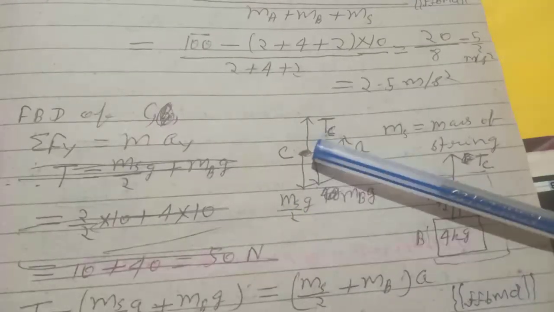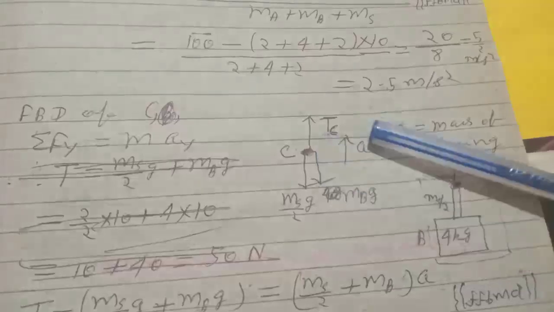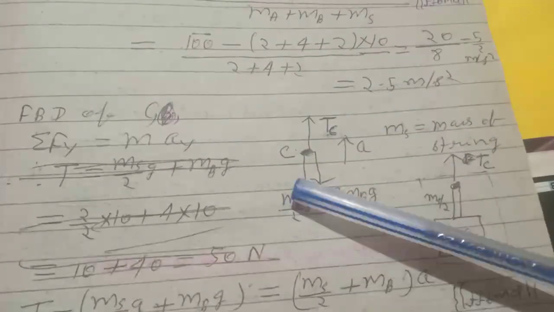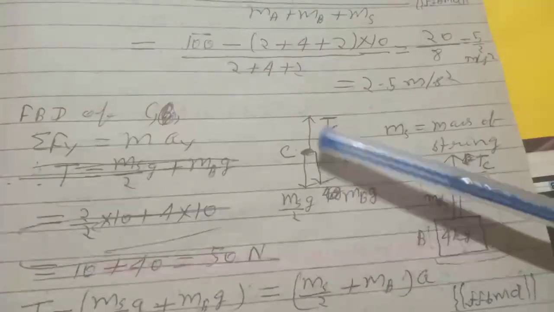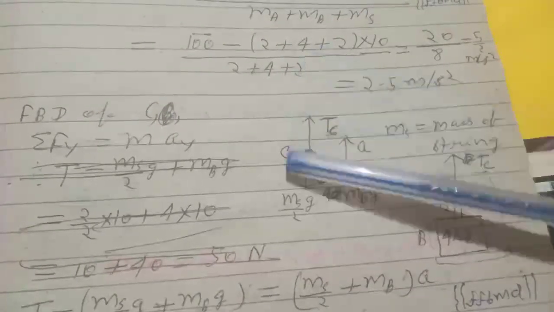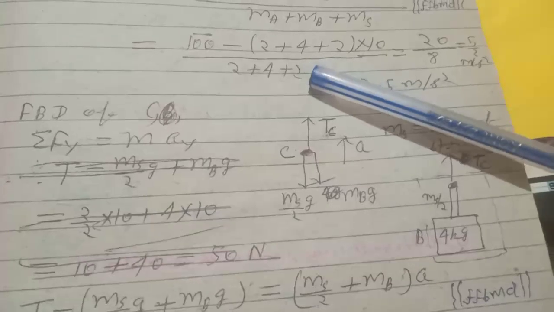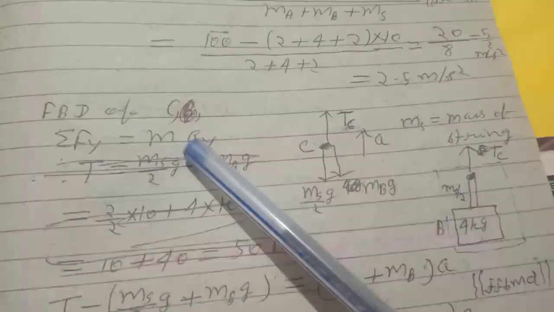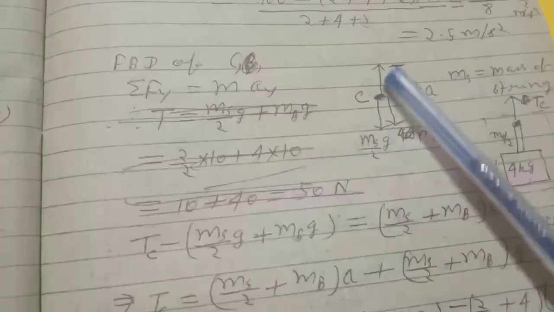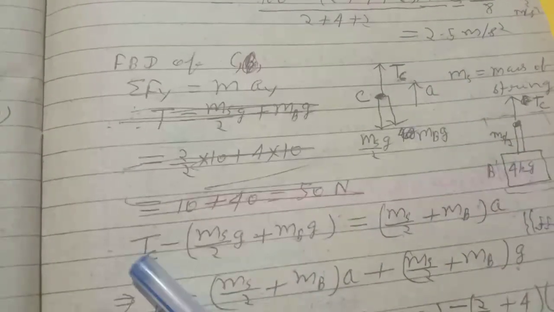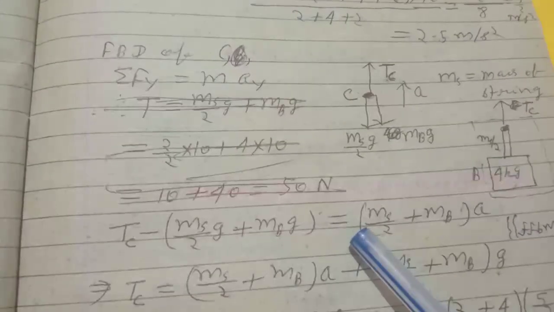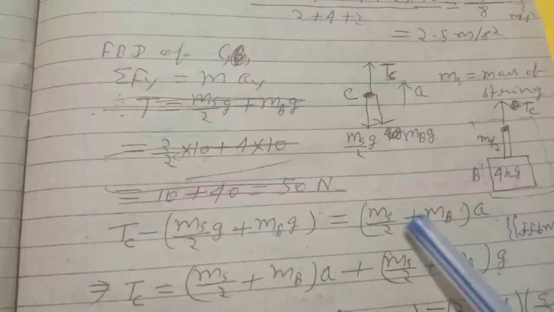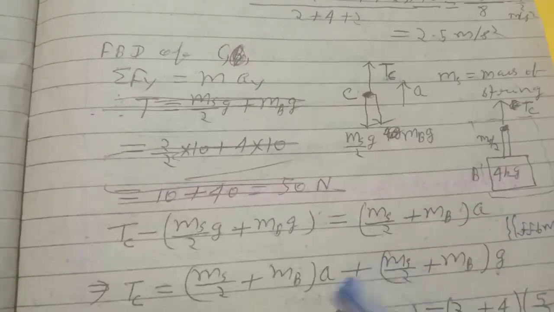The free body diagram of point C is drawn. Here we see the weight of the string and the weight of the block, and the tension in the string is in the upward direction. So we can write the formula sigma Fy equals m into ay. Considering the upward direction as positive, Tc minus (ms by 2) into g minus mb into g equals total mass into acceleration, (ms by 2 plus mb) into a.